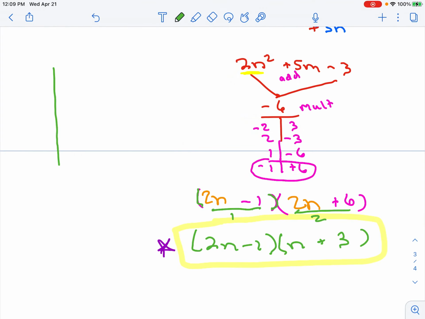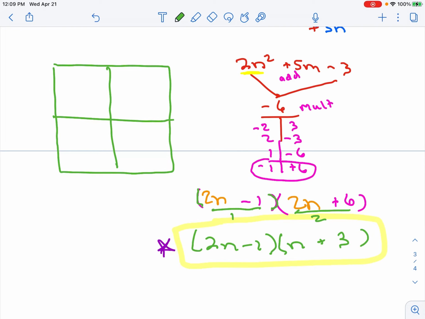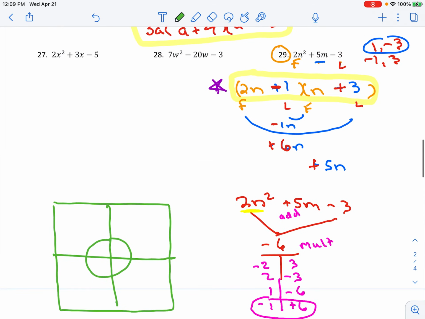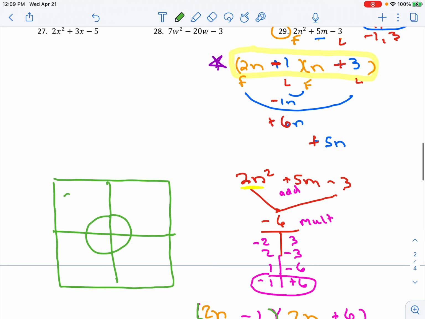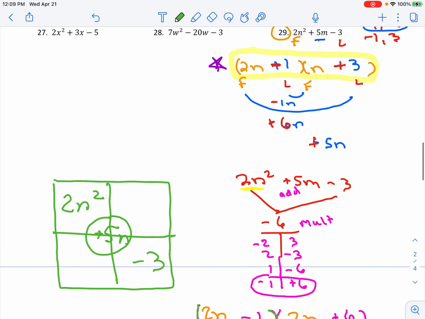So I will go through that, but if you're not interested, you could just stop the video at this point. But with the box method, we draw a circle in the middle, and then we write that quadratic trinomial in the boxes diagonally. So 2n squared plus 5n, and then minus 3.